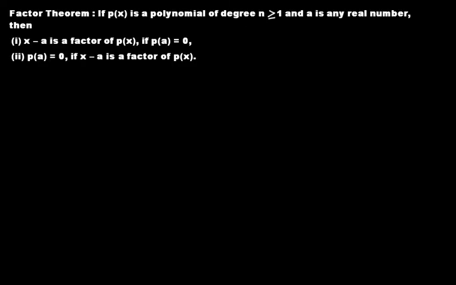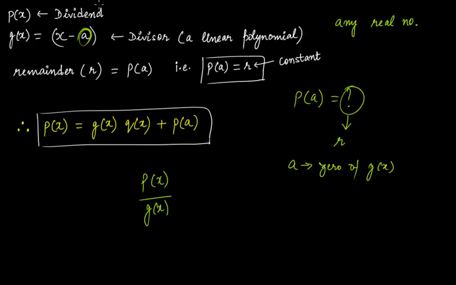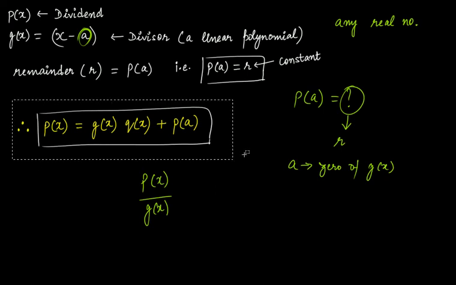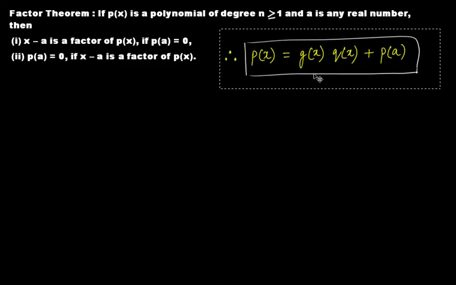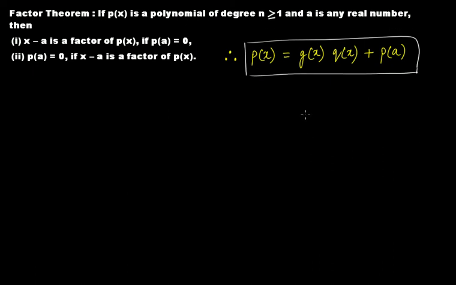Now, I'm again repeating, please watch tutorials on remainder theorem and the problems that we discussed on remainder theorem. Then this will be a piece of cake for you. Okay. Now factor theorem is quite similar, related to remainder theorem.